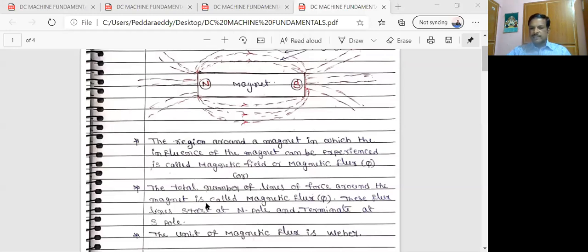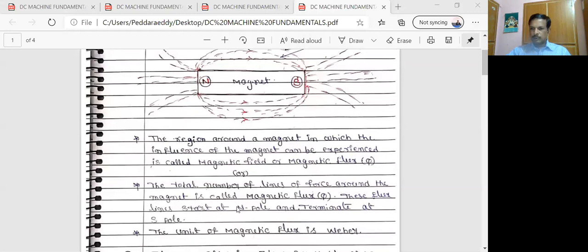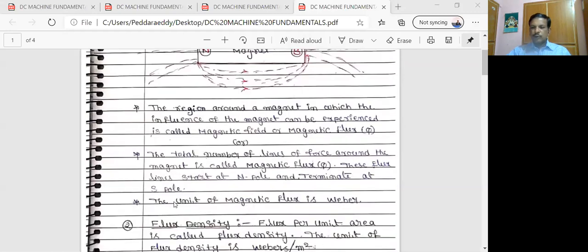These flux lines start at the north pole and terminate at the south pole. The unit of magnetic flux is the Weber.